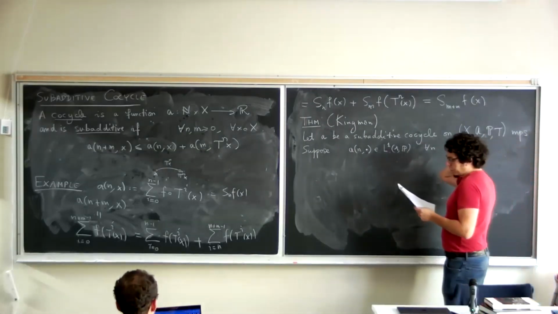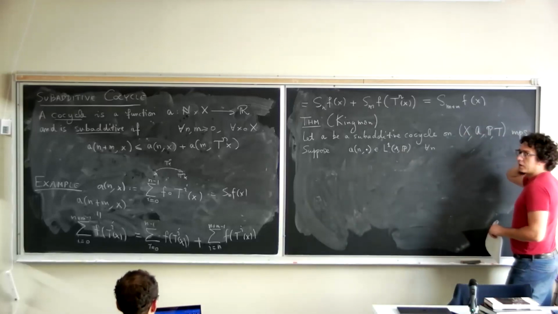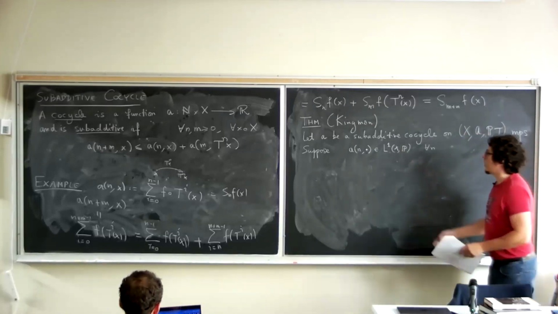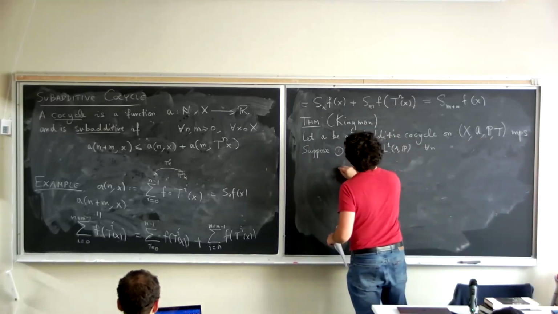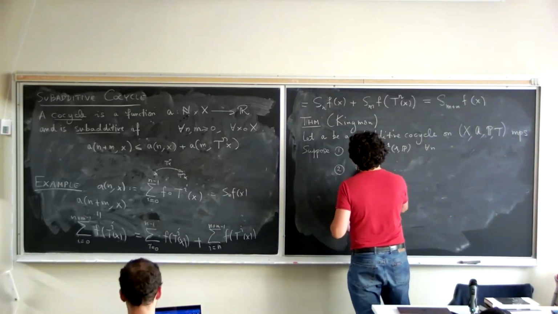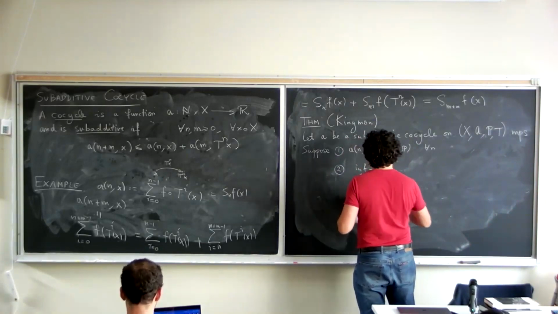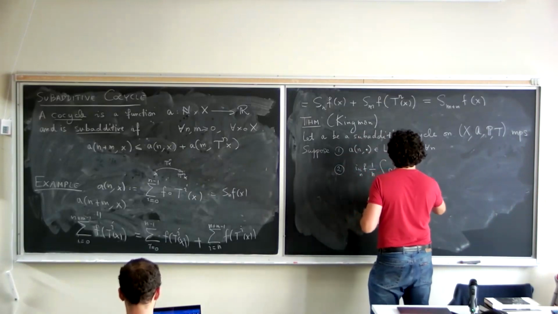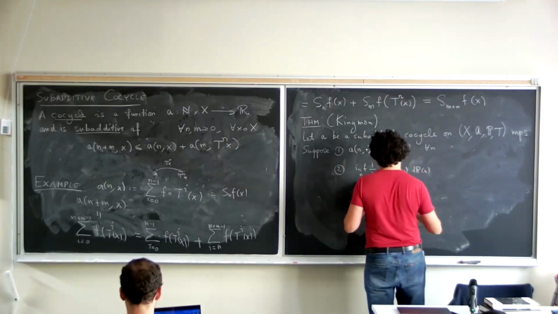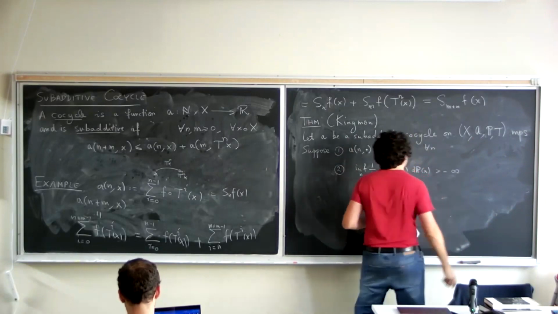And also we need to impose something that assures that the limit does not go to negative infinity. So the second condition is that the infimum over n of 1 over n times the integral of a_n of x dP of x is bigger than negative infinity.